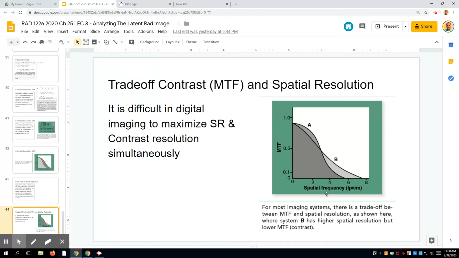But if you think of this cube, which is representative of slice thickness, as pouring information into it, when the pixel gets smaller, thus the voxel gets smaller, then you have less signal, less information in that given area. When you have less signal, you get less contrast. So spatial resolution goes up, but contrast resolution goes down.